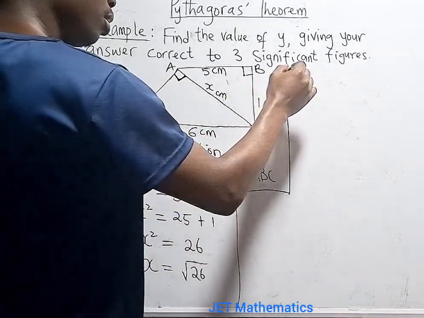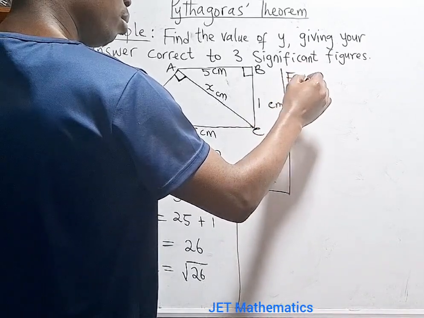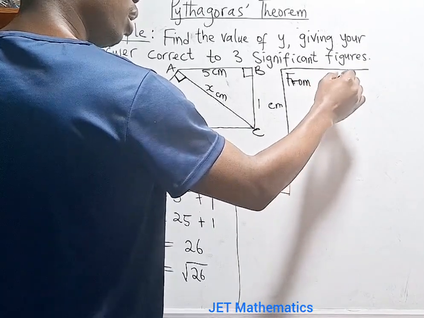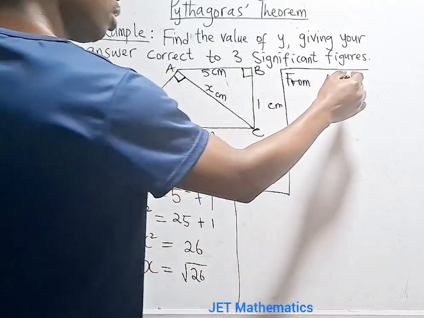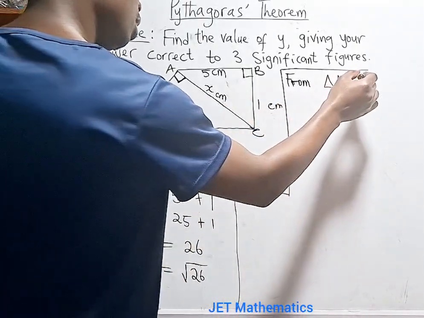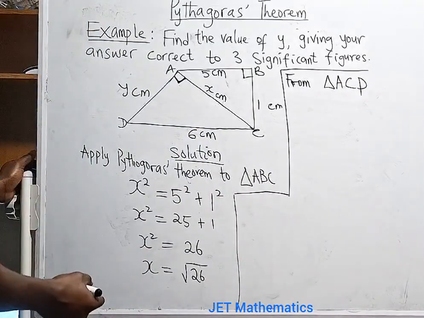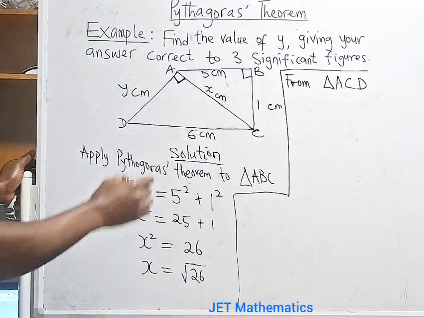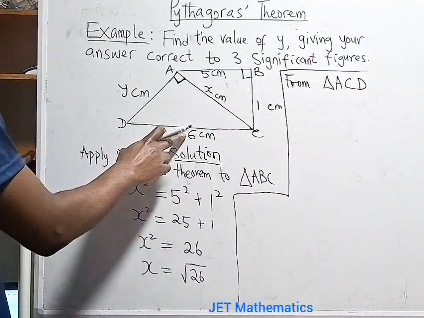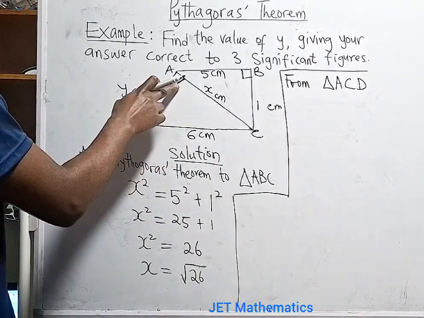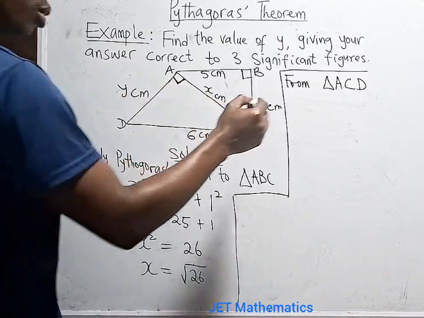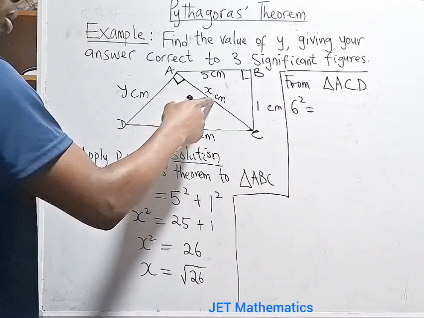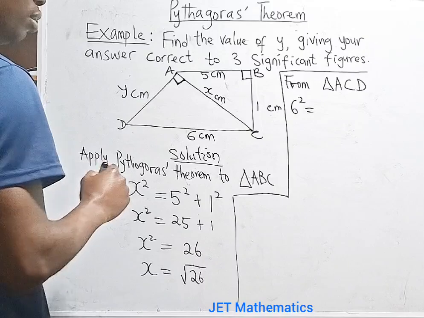So from triangle ACD, sorry, this is D, we have that the hypotenuse becomes this, because this is the side opposite the right angle. So we have c squared is equal to the sum of the squares of the legs. These are the legs of this triangle.